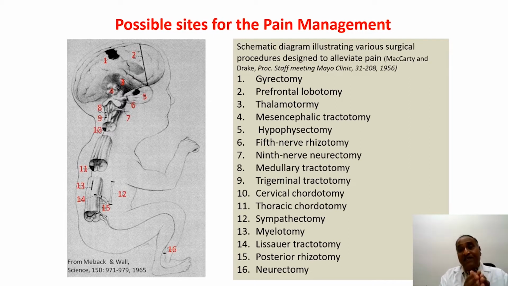The neurectomy, the nerve fiber which is carrying these pain sensations is cut. These are all the surgical methods which are practiced in terminal illnesses or illnesses in which the patient is having an intractable pain, especially malignancy or other disorders.